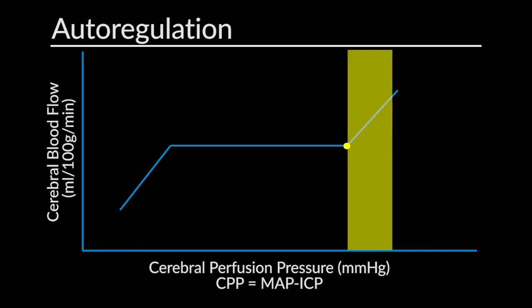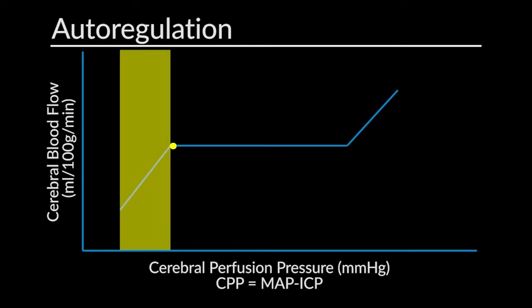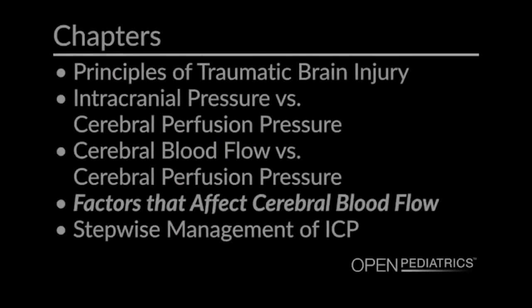On the right side of the curve, you can think of this as the cerebral perfusion pressure is so high that now the cerebral blood flow just astronomically starts to increase due to overwhelming volume. And on the left side here, as the cerebral perfusion pressure drops below a critical level, your cerebral blood flow drops dramatically as well. We can think about this in the setting of ischemia, putting the brain at a high risk for hypoxia and cell death.